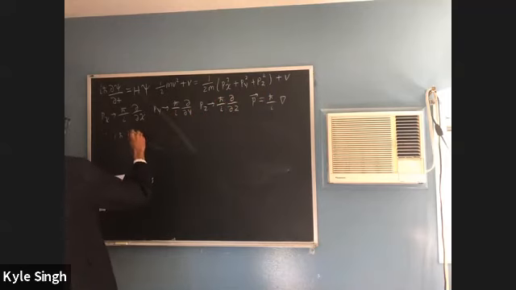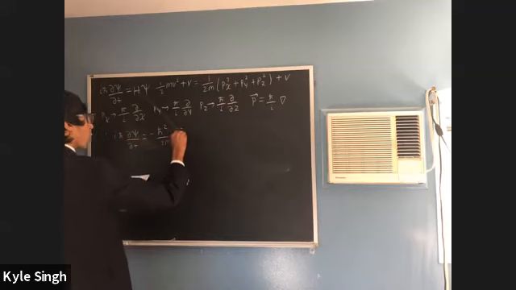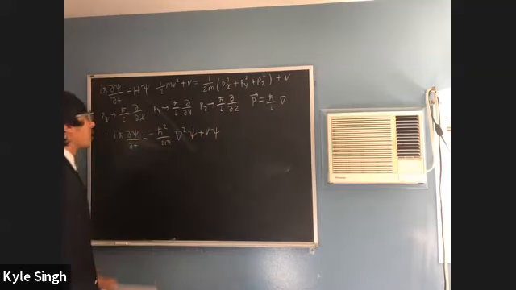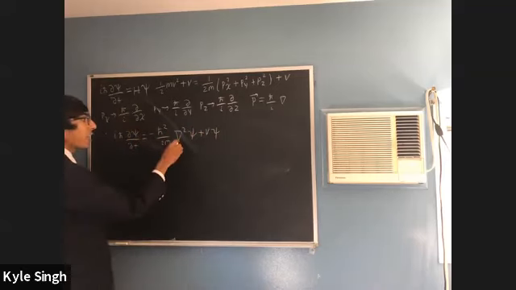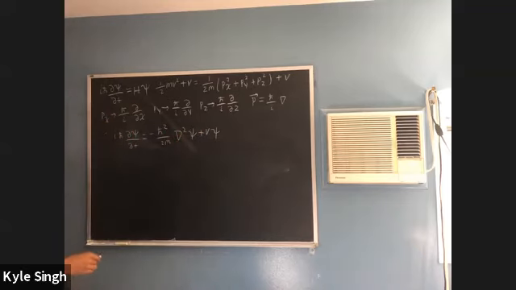It's just i h bar dpsi/dt equals minus h bar squared over 2m nabla squared psi plus some potential V psi. Now nabla squared is called the Laplacian. So we have a Laplacian operator now in our 3D Schrodinger equation.